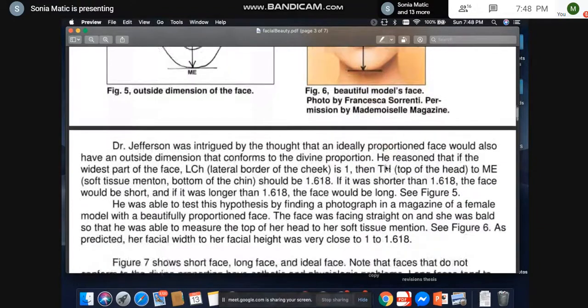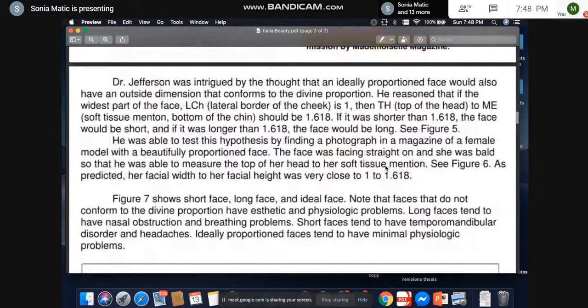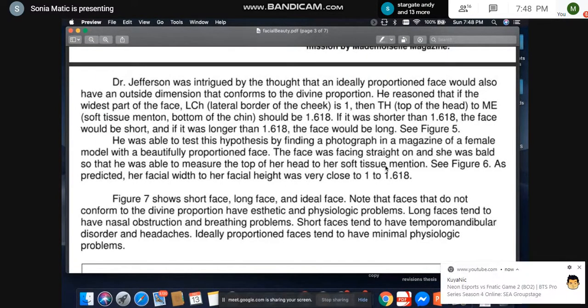Okay. So, Dr. Jefferson was intrigued by the thought that an ideally proportioned face would also have an outside dimension that conforms to the divine proportion. He reasoned that if the widest part of the face, the lateral border of the cheek, is 1, then the top of the head to soft tissue menton, or bottom of the chin, should be 1.618.